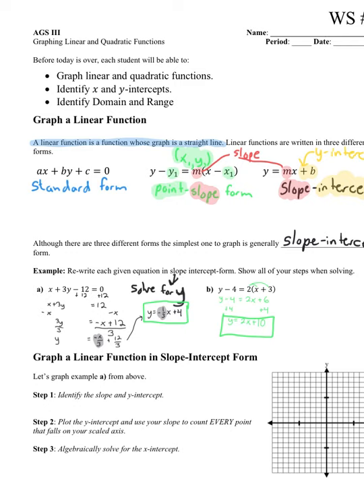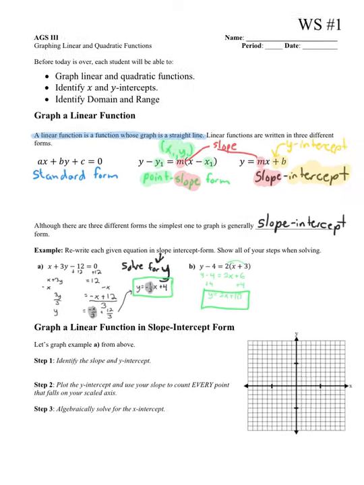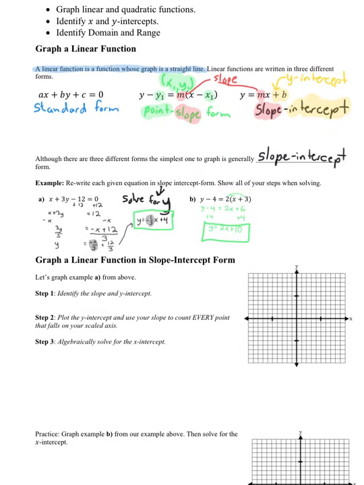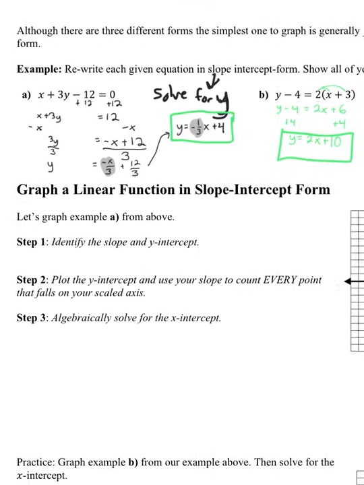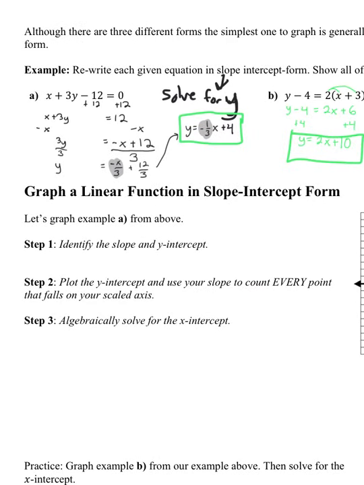So the next part, once we have this written in slope-intercept form, I'm going to show you an example to graph this function in slope-intercept form, and then I'll give you guys a minute to work on the second example here. So the first thing first, if we have the equation written in slope-intercept form, start by identifying the slope and the y-intercept.